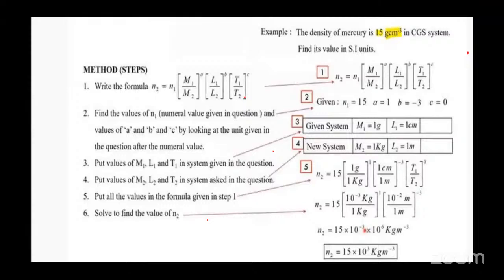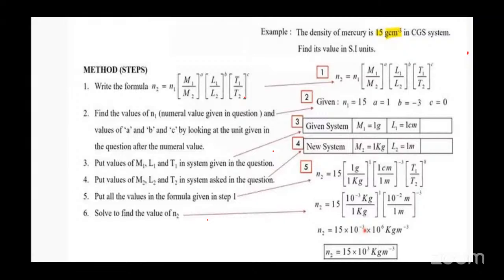So now coming down to point 3, which is to put values of M1, L1, and T1 in the system given in the equation. What is our M1? M1 is in gram, L1 is in cm, T1 is not given. There is no time.